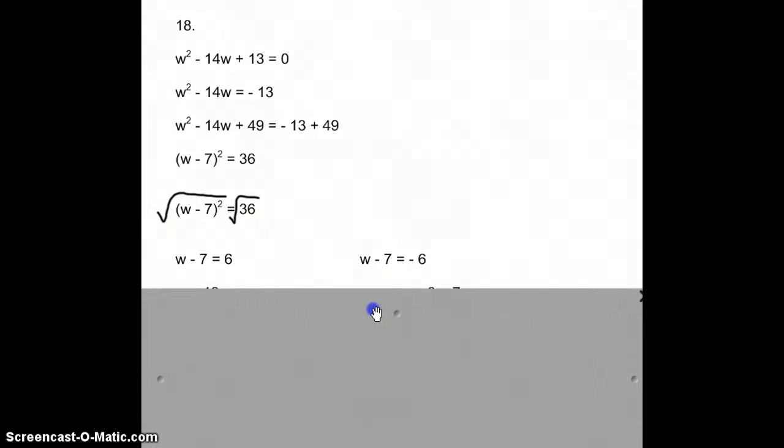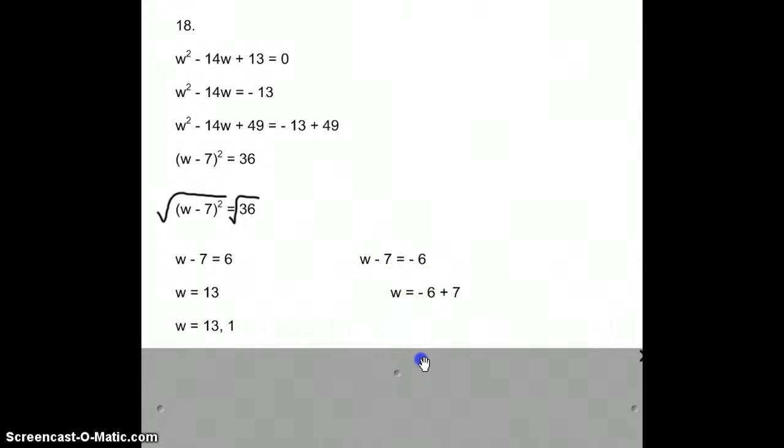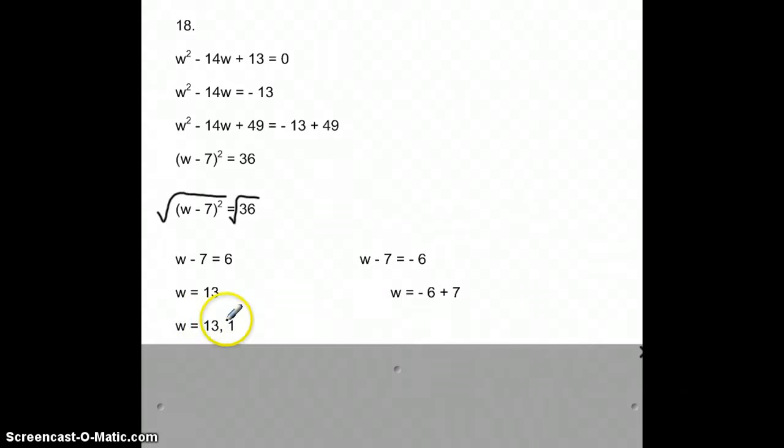So we got w minus 7 equals 6, w minus 7 equals negative 6, and this should be pretty straightforward for us. Over here, we're going to go plus 7. Plus 7, 6 plus 7 is 13. Plus 7 over here, negative 6 plus 7 will give us positive 1. There's your two answers. So again, if you graphed this, then you would get these as your x-intercepts.